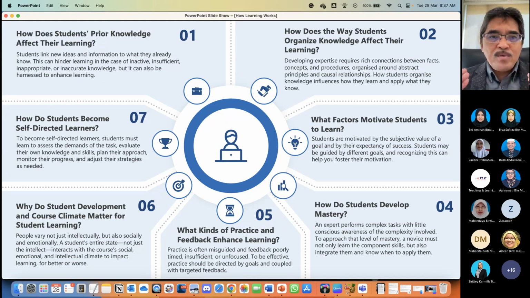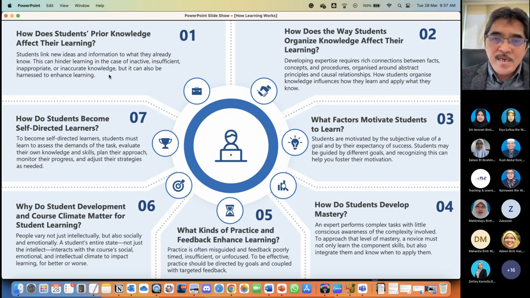So when we are able to connect these two together, they will not struggle in their learning. So this can hinder learning in the case of inactive, insufficient, inappropriate, or inaccurate knowledge, but it can also be harnessed to enhance learning. Prior knowledge can have a negative or positive aspect.